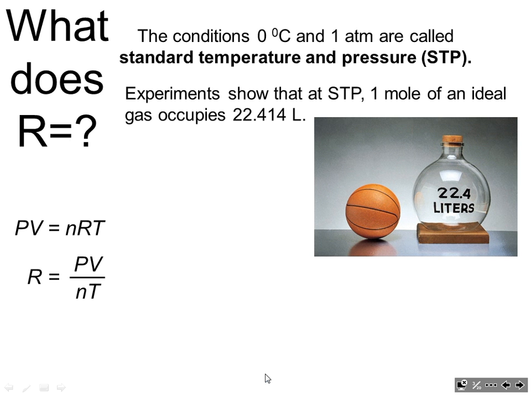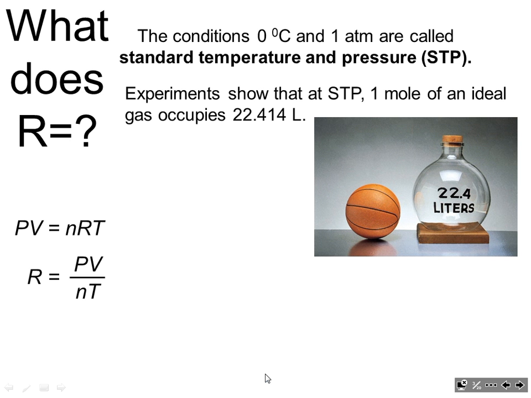Well, what's our pressure? We're at STP. What's our pressure? You're going to see that the label of this is going to be funky. What's our pressure up there? 1 atmosphere, right? What's our volume? 22.414 liters.